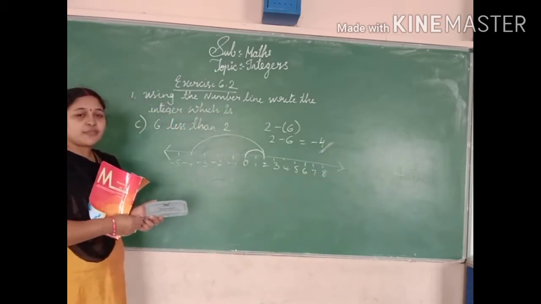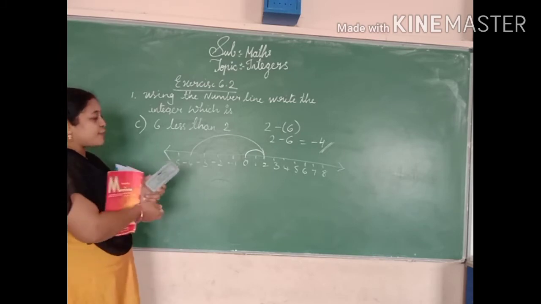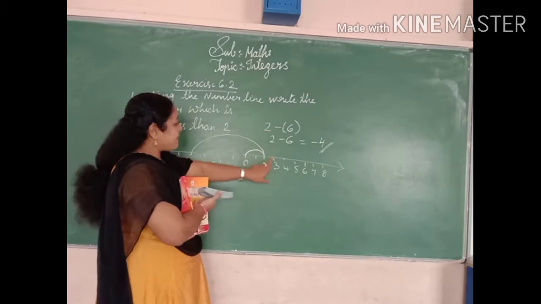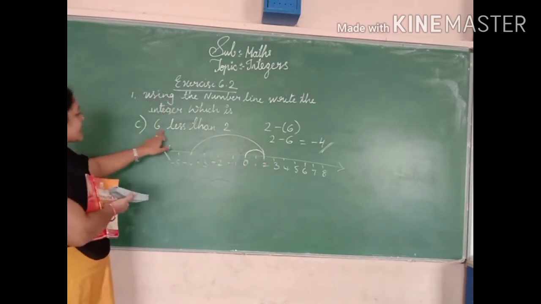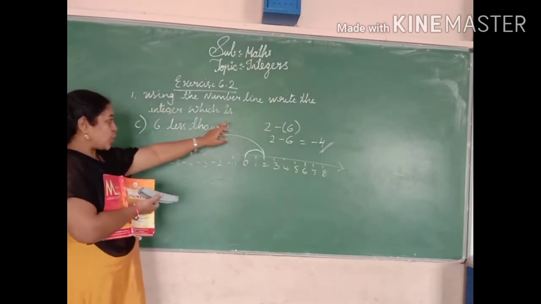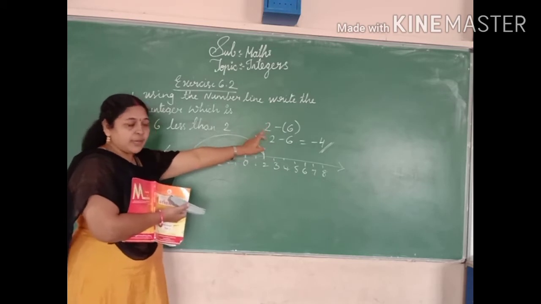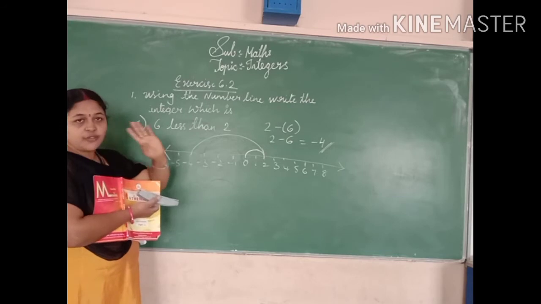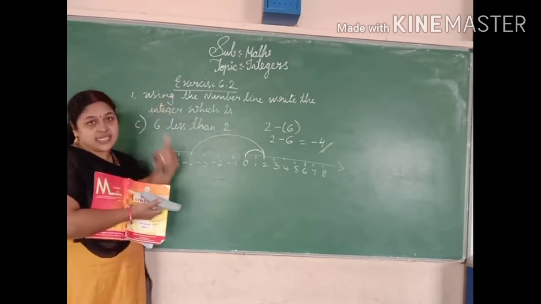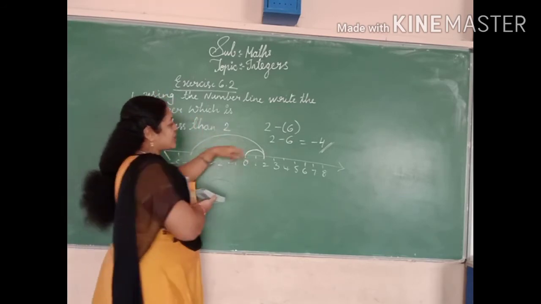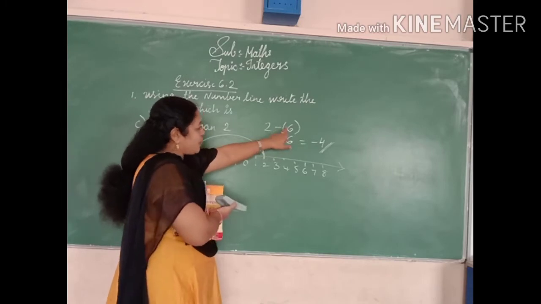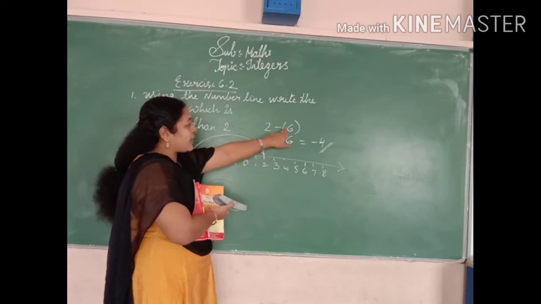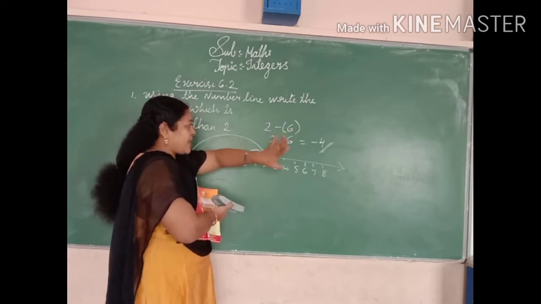Ma'am, it is really confusing, ma'am. Of course, it is confusing until you understand. 2 is a positive number. So 6 less than 2. 2 is a positive number and we are going to reduce 6 from it. Even the 6 is positive for us, but we are going to reduce that 6 there. So when you reduce that 6, it becomes 2 plus minus 6, because we don't have a number here. Here it is plus only.